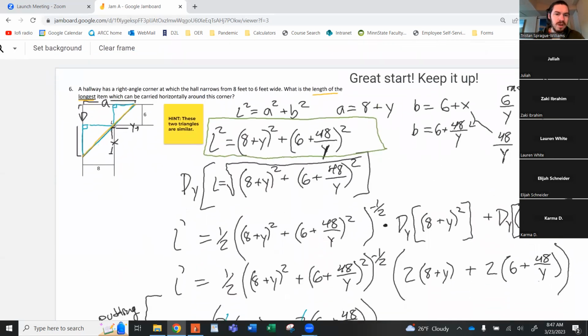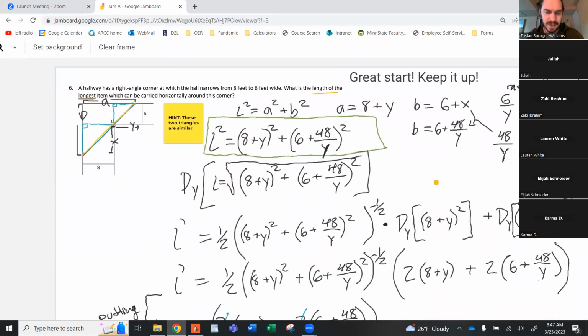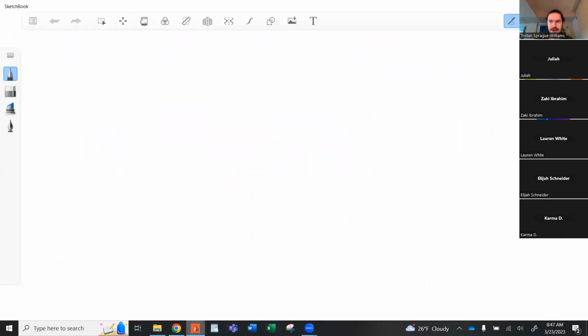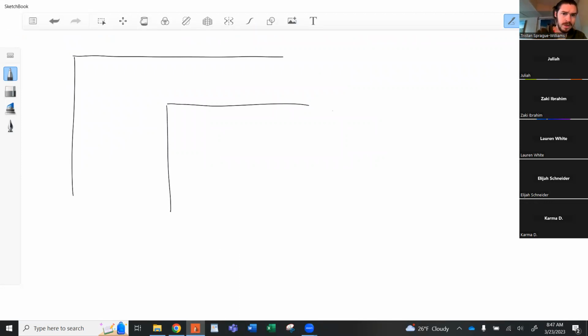Yes, it does. So in fact, what we do want to do is minimize, and I'll draw a little picture to explain why. Here's our situation with the 8 feet and the 6 feet here. There are different possible lengths. There's a length like this.